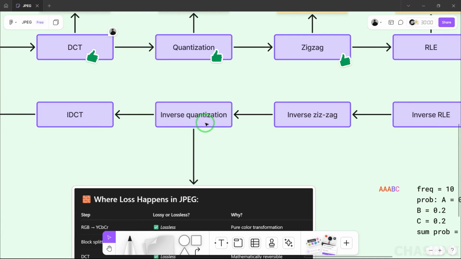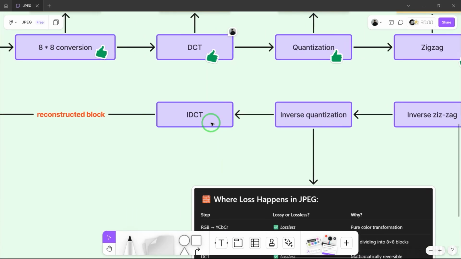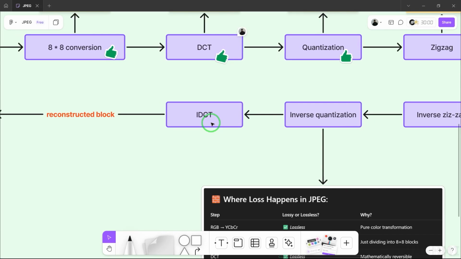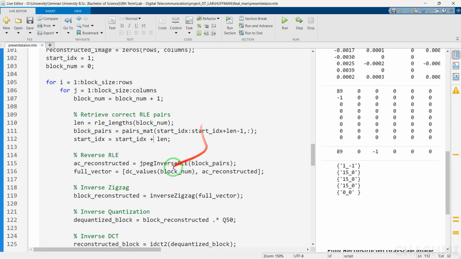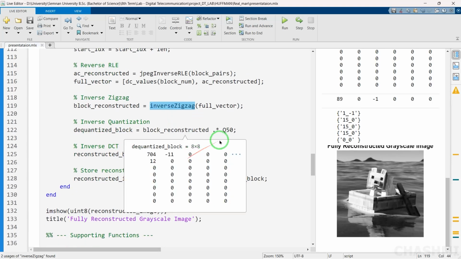Then we are going to multiply by that quantization constant value that we used for the division on the signals, and eventually convert our signal from the frequency domain to the spatial domain by the IDCT, the inverse discrete cosine transform. Yeah, we did this line, and here block inverse zigzag, and this is the function that we defined.